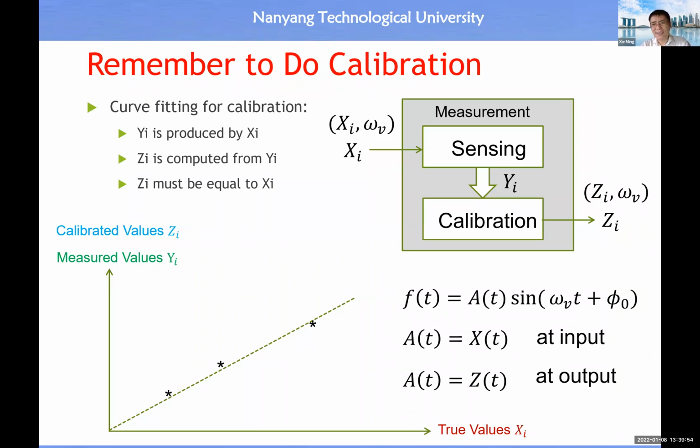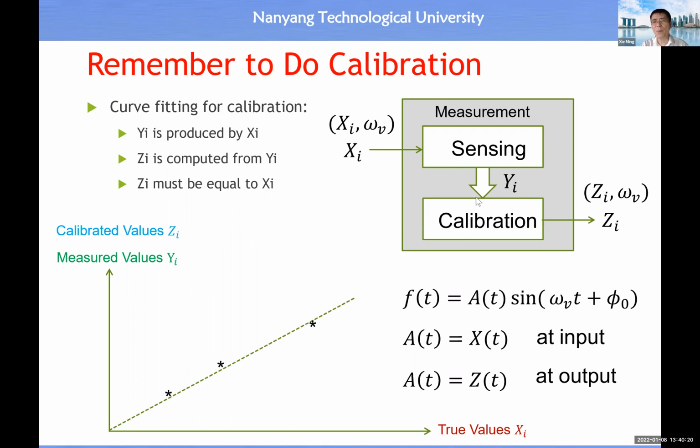After the design of the sensing module inside your measurement and sensing system, always remember to do calibration. But for the measurement of vibration signal, calibration is slightly different. Because for a single source, the vibration signal is a pure sine function.